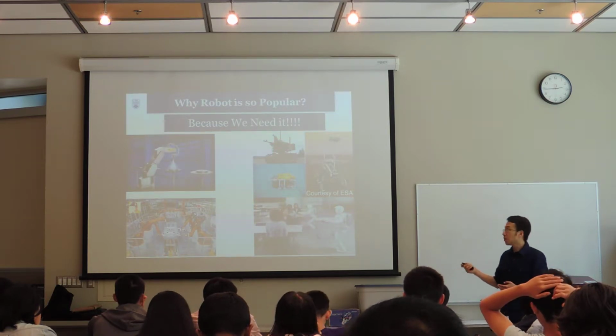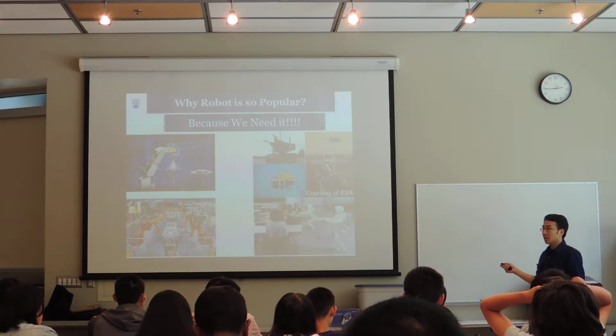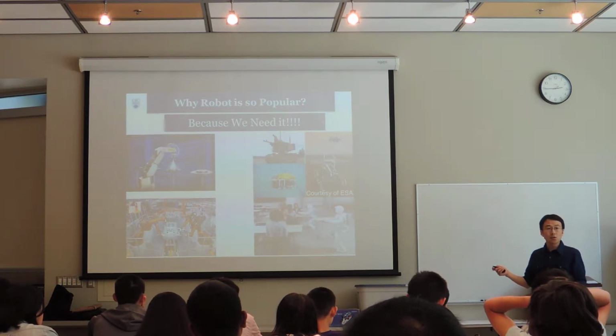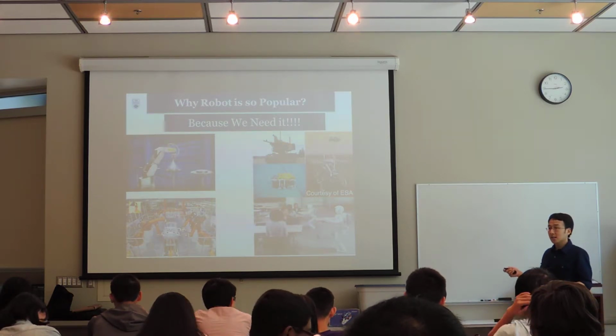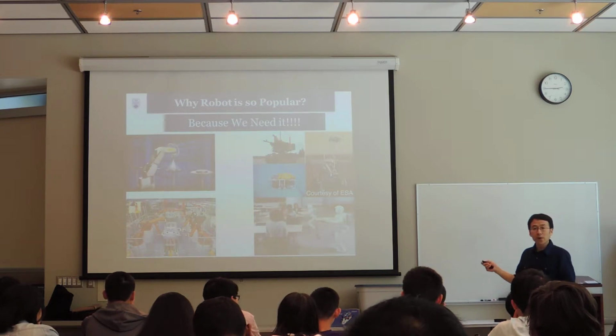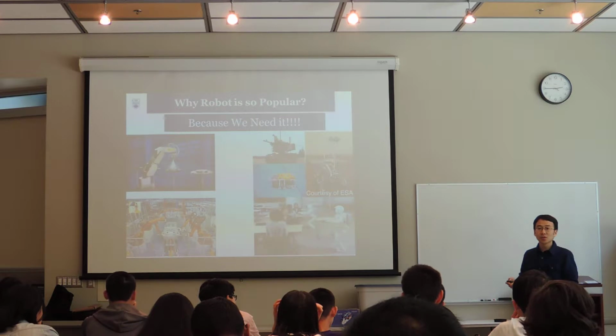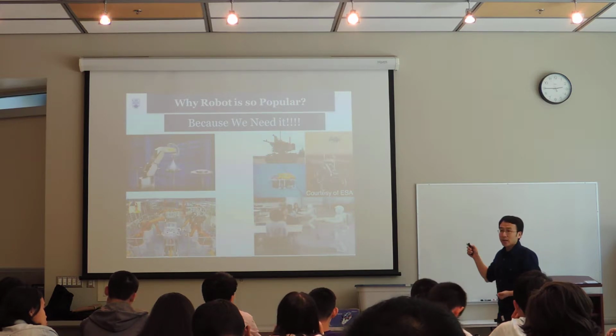For example, in space, we human beings can't live over there, but robots can. And robots can do precise work, like you said, and also very boring tasks without any complaints. And you don't need to hate it anymore, right? So that's why we need it.